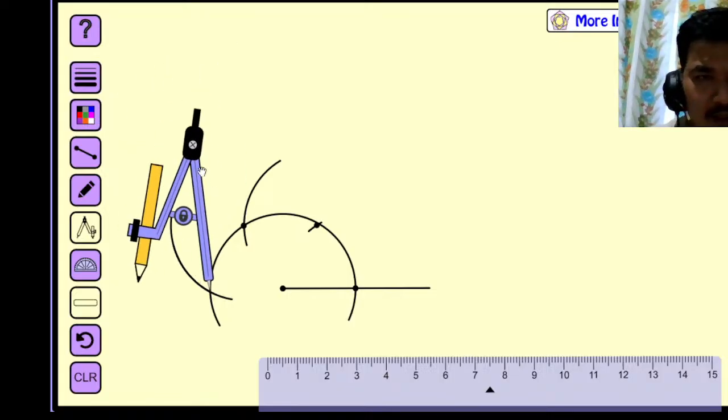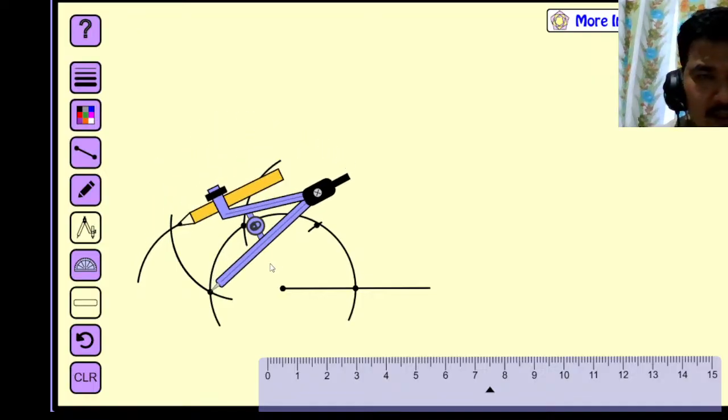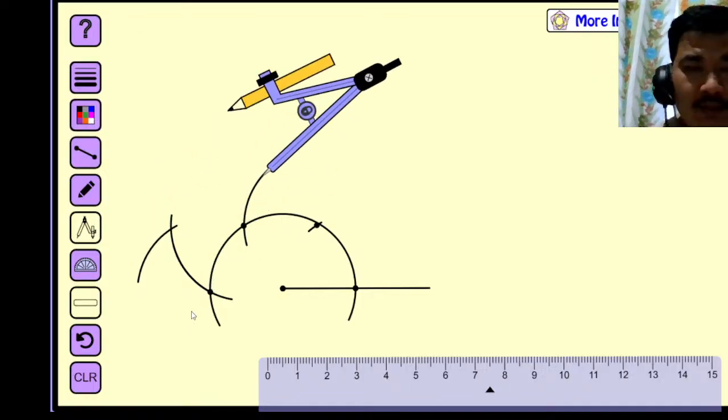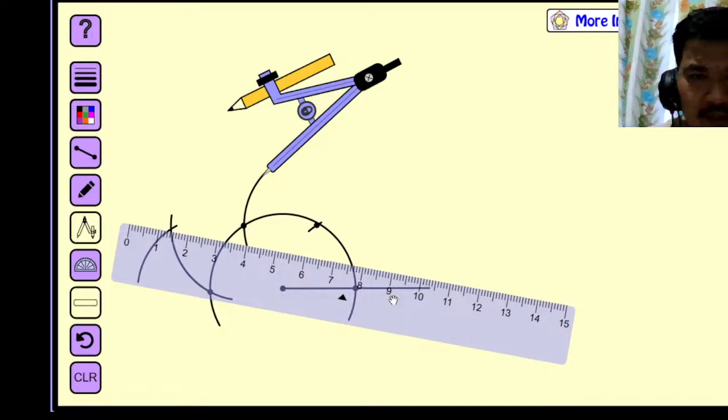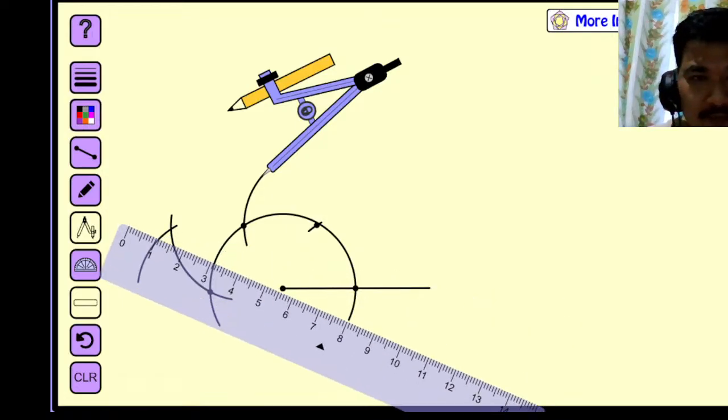From 120 and 180, if you cut up, this 180, cut this side, this angle is known as this angle. Wherever it cuts here, measure like this.